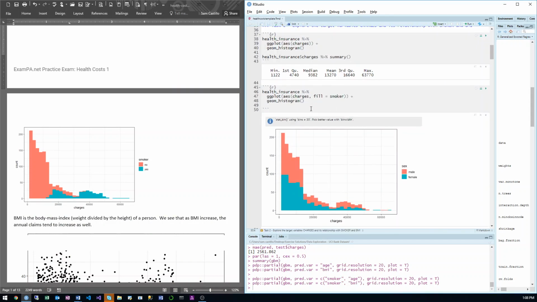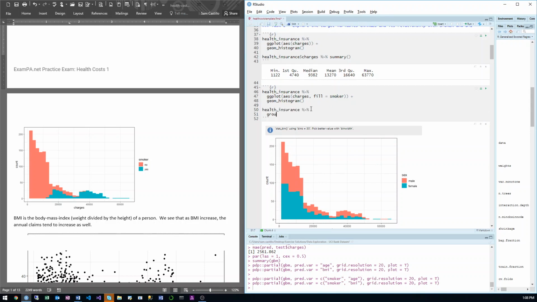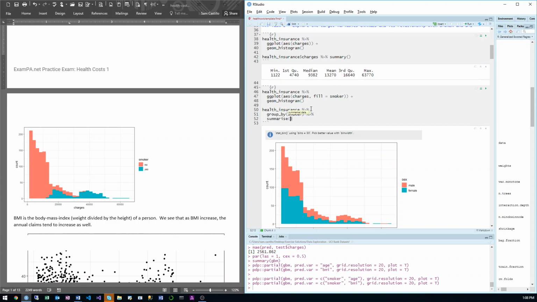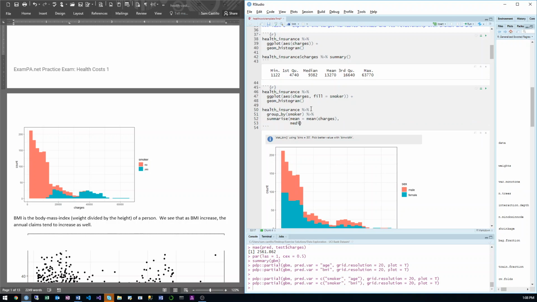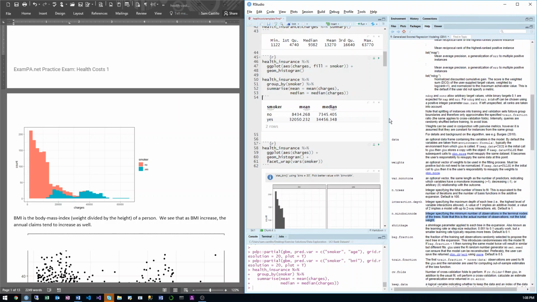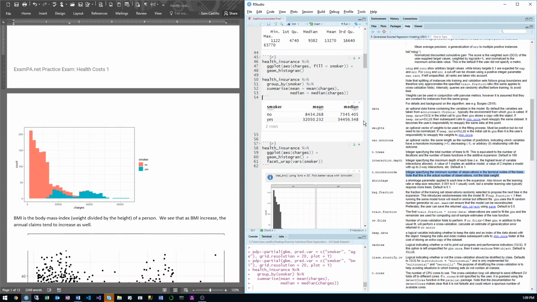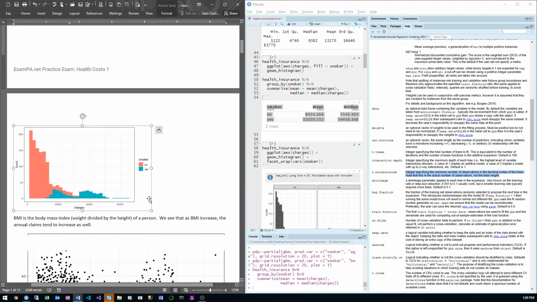Like in this graph, let's group by smoker, summarize mean is equal to mean charges, median is equal to median charges. Some people like to look at graphs. Other people like to look at tables. It's good to include both.